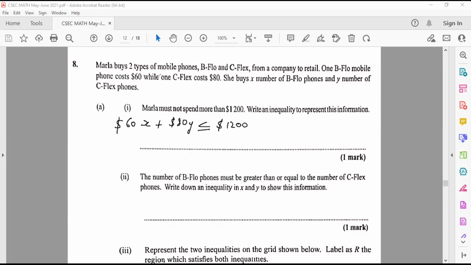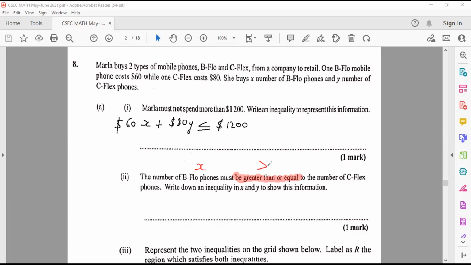Is there anybody who wants to tell me what to write? Let's highlight some things though. It said that the number of B Flow phones must be greater than or equal to. So we can actually answer it from right here. Number of B Flow phones is X. What is greater than or equal to?